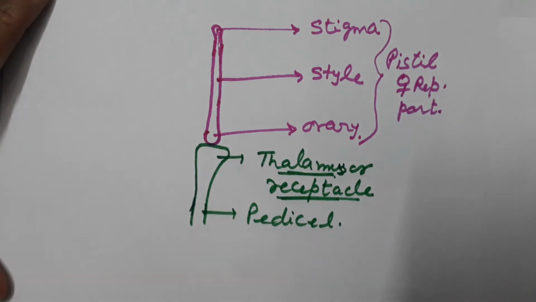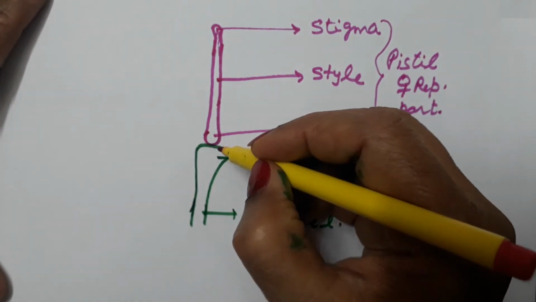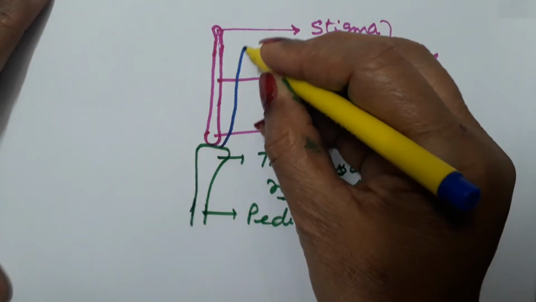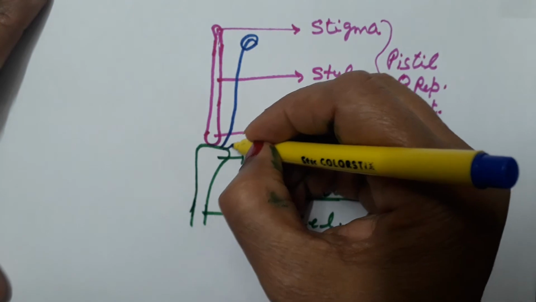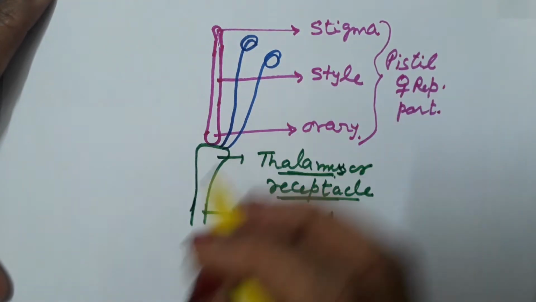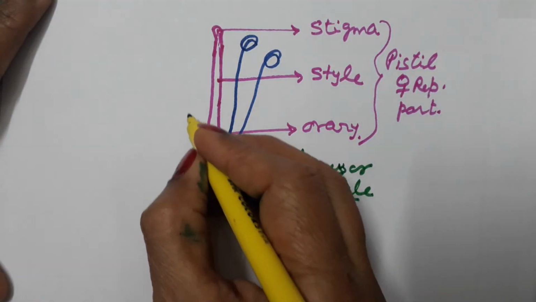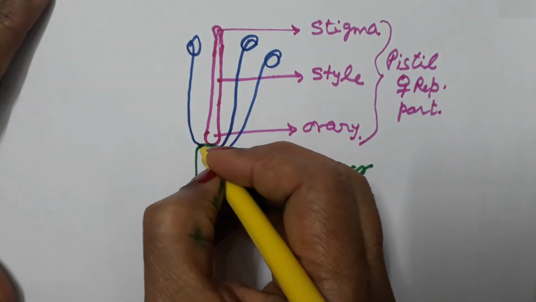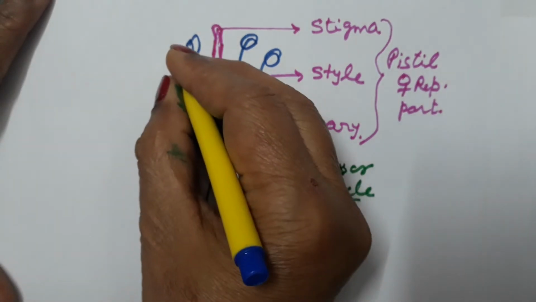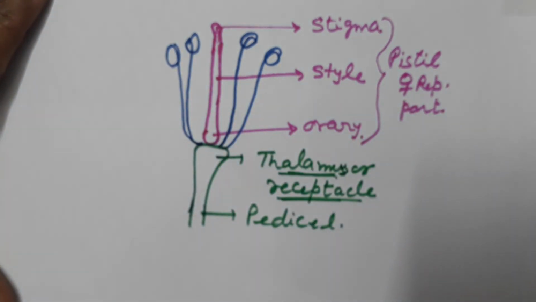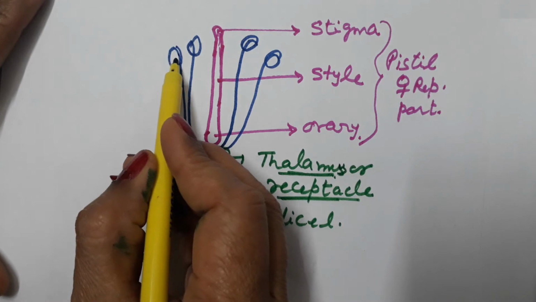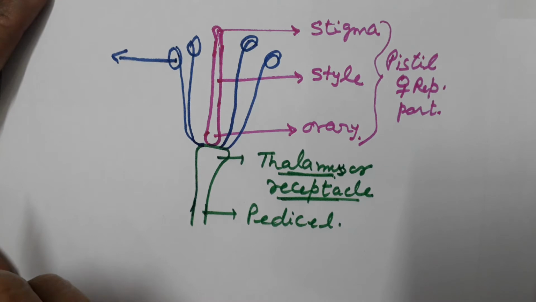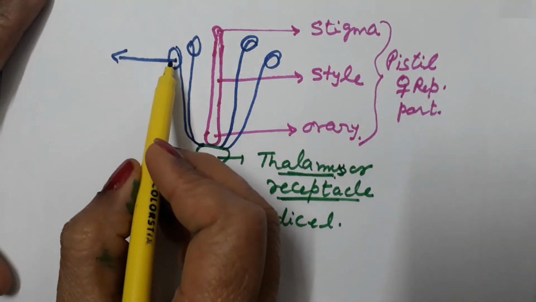Next part adjacent to pistil is present. This is called stamen, composed of two parts.